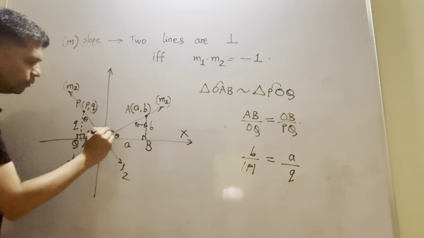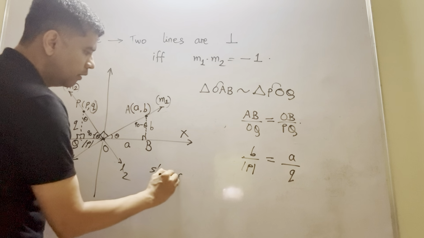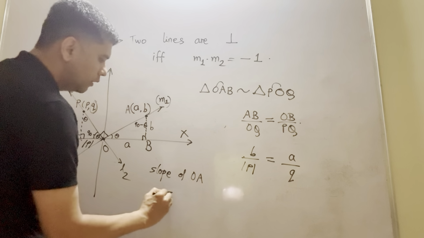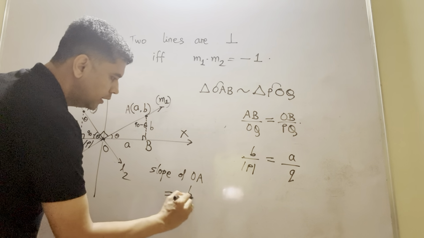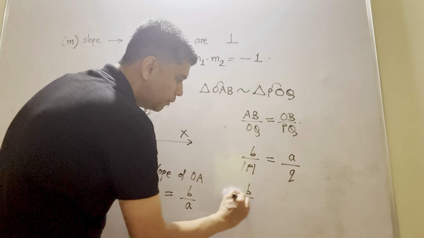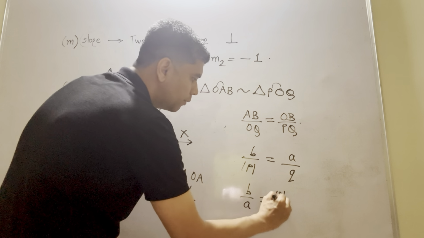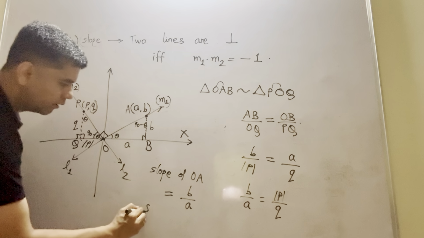But what is the slope of OA? So you see slope of OA is equal to y2 minus y1, right? Difference between the heights. It is simply B upon A. So if you bring A here, you will get B upon A is equal to mod P upon Q. And what is slope of OP here?